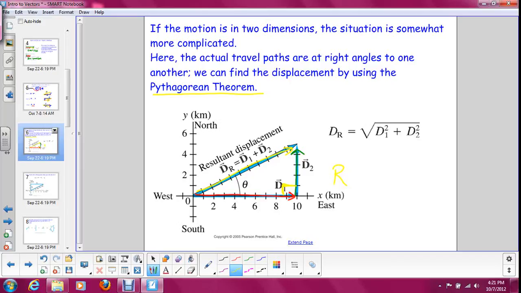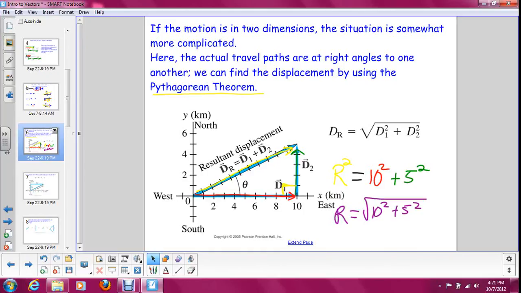So your resultant vector, r squared, which in math class would be c squared, is equal to a squared, which we'll say is the 10 kilometers east, plus b squared, which is the 5 kilometers to the north. So to solve for this, you have to take the square root of both sides. So r is equal to the square root of 10 squared plus 5 squared.